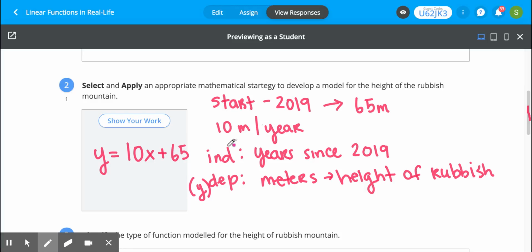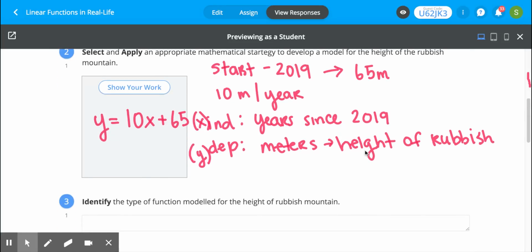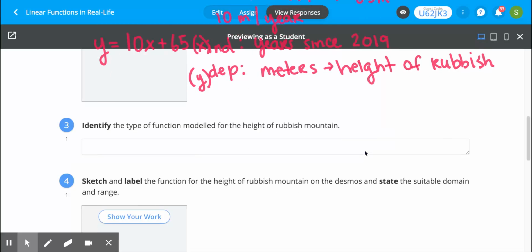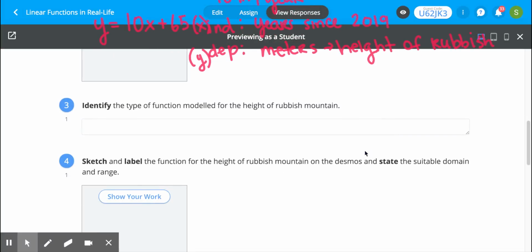This gives you all the information where we're not really using a calculator to figure any of those pieces out. So I have my model, I've defined my variables, which are important. Okay, so now we have an equation. The type is linear, I think we got that one. I didn't see any issues with that for those of us that tried it.